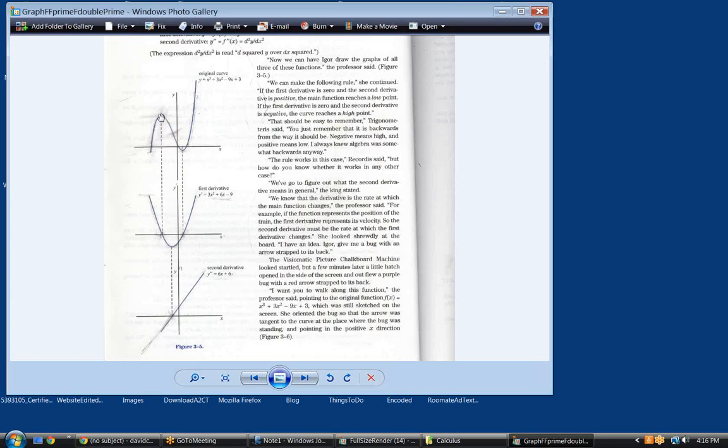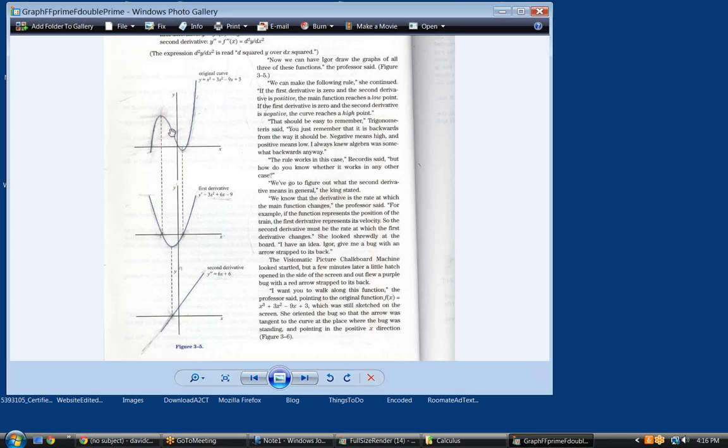Notice how this curve, the original function, curves that way? That's concave down. Okay. Notice how it curves up? That's concave up. This derivative is only concave up. This has no concavity at all to it. The point in between where the concavity changes from up to down is called the inflection point.